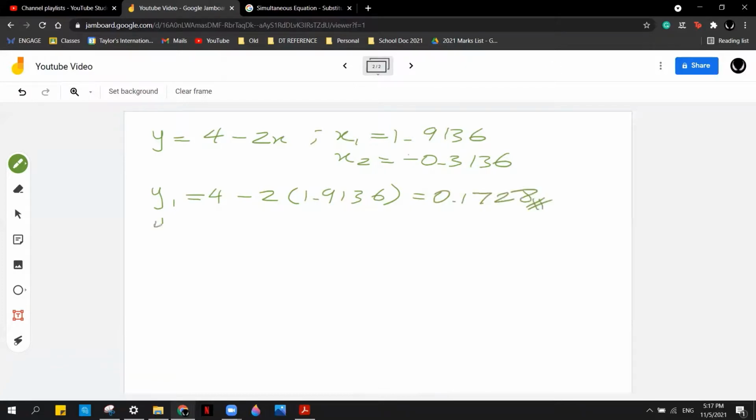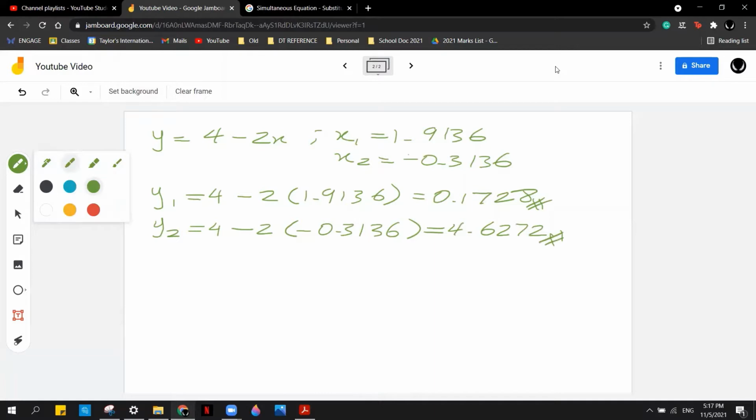And then y2 would be 4 minus 2 times negative 0.3136, and we'll get 4.6272. Okay, so this is the answer.